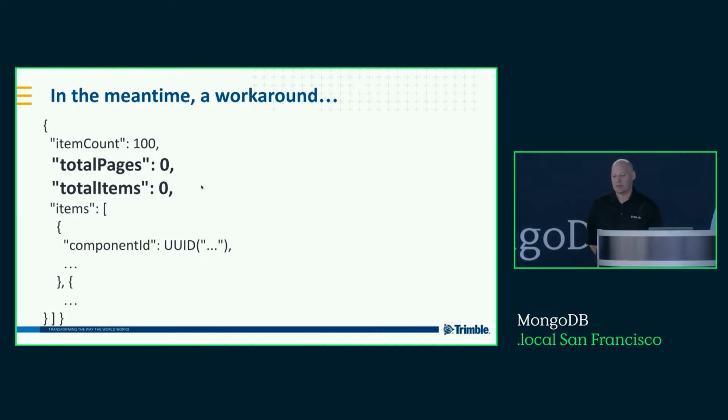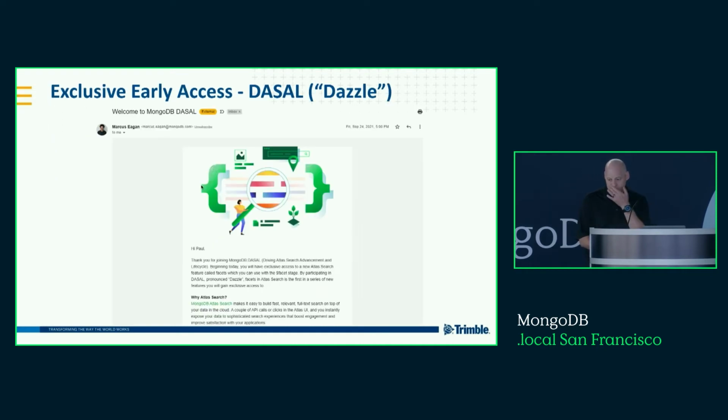This approach meant we were not able to provide the total item count as shown here, but not surprisingly, it turned out the consumer was okay with this, as they were caching all the components in the client application anyway. However, this was a short-term solution as it does not scale and is expensive with resources, so we really needed a solution to the Atlas Search feature requests.